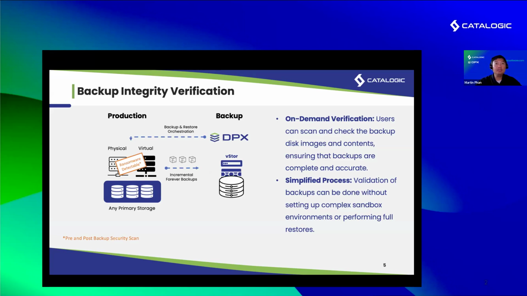So it's a great use for test dev and disaster recovery testing that can all be done with vStor without needing to set up sandbox environments or storage for those environments and running those restores. We can perform this level of validation from vStor and using these advanced recoveries that we have to mount.